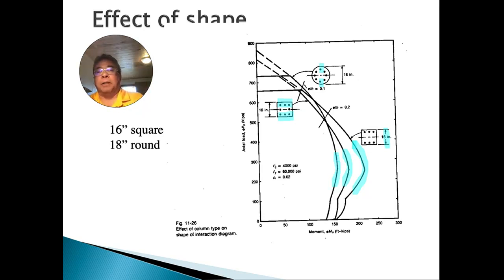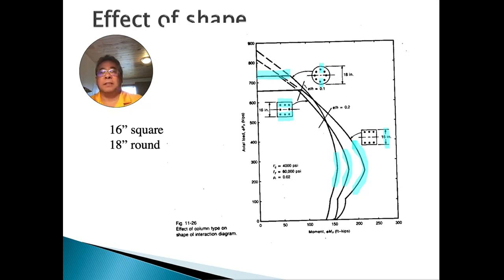But the other thing is that these are all the same height, and I believe, was it? Let me. No, I think they were equal area. So they're equal area. So the more efficient use of area is a circle, and so you can see that the highest axial capacity for the same amount of concrete, is that one.